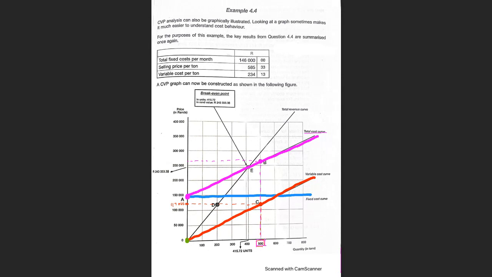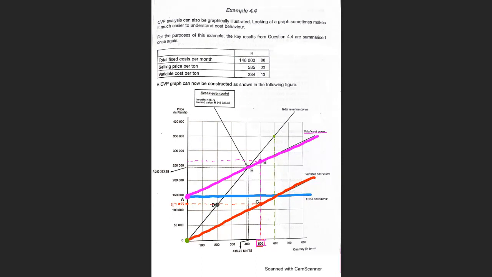This is because when we're producing zero items, we're selling zero items, which means we're not making any revenue or sale. So it will start at the origin of zero, and then you can go through any other point. Let's look at maybe here. If we go down to the bottom, this is approximately 600 units.